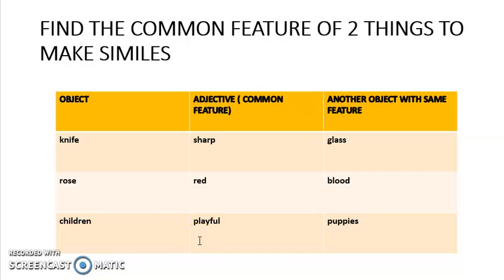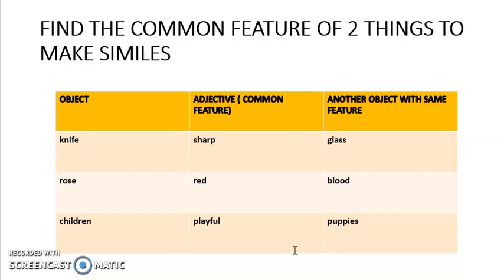It cannot be something which is not related. So after you choose an object, choose an adjective and then choose another object that has the same features. And then you can form your similes. So you can see that making similes is very, very easy. Even though it looks tough, it's really easy if you follow the rules.